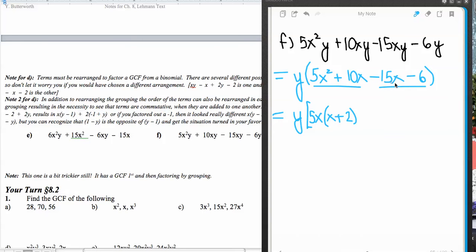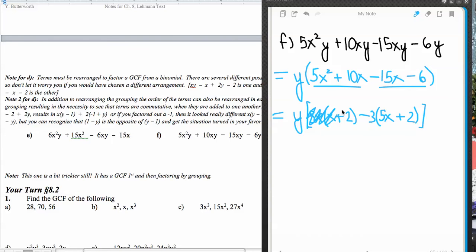Now out of these two, I see all I have in common is a 3, but these are both positive, so I'll try to take out a negative 3. And so a negative 3 would give me a positive 5x, and it would give me a positive 2. Well, that didn't work very well because those binomials aren't the same. I can't factor that one like that, so that's not going to work.